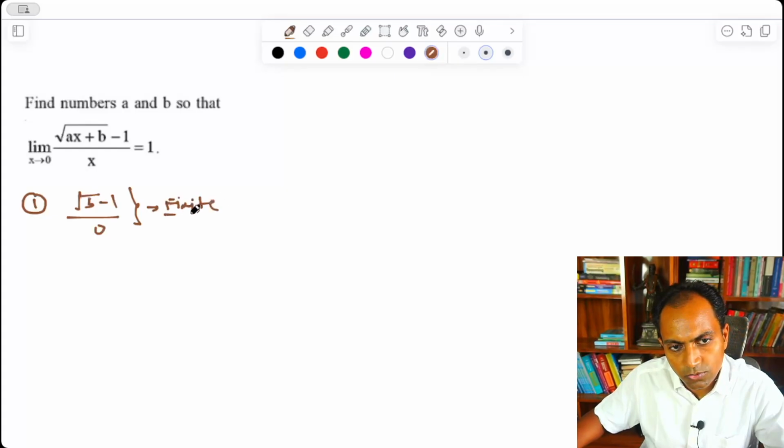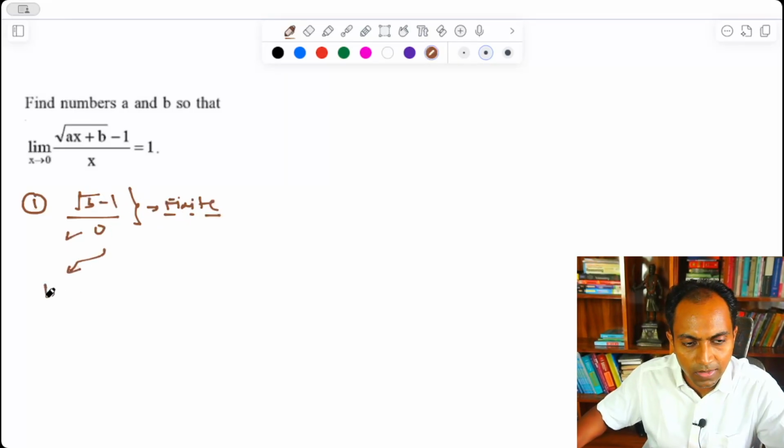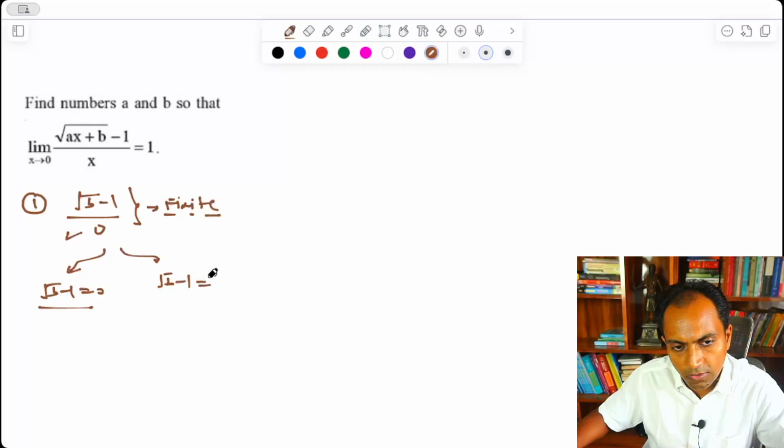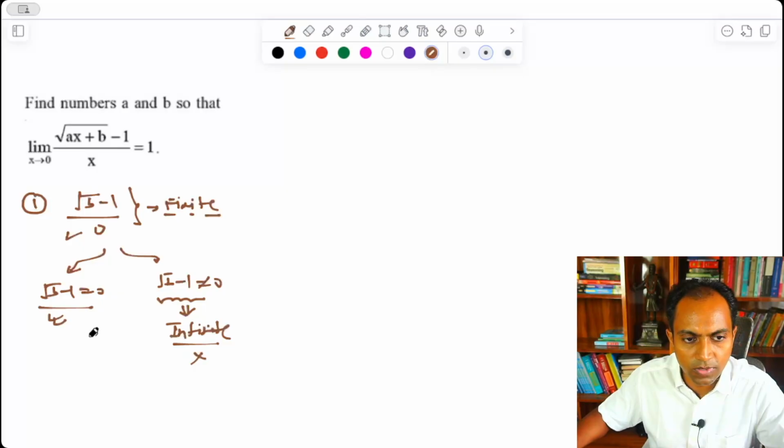What I am getting is root b minus 1 in the numerator and 0 in the denominator. For this to become finite, there could be two scenarios. Either root b minus 1 is equal to 0 or root b minus 1 is not equal to 0. In the second case, the answer will be infinite, positive or negative, but infinite. But since it is finite, this can't happen. This needs to happen.